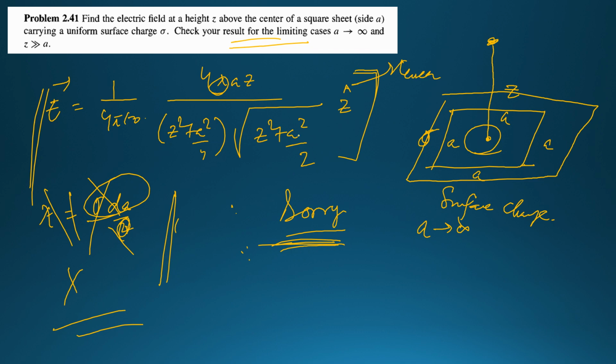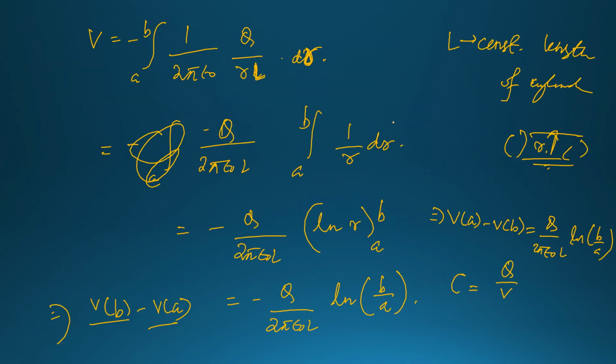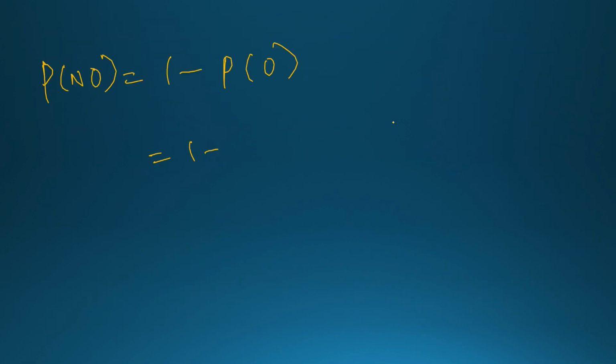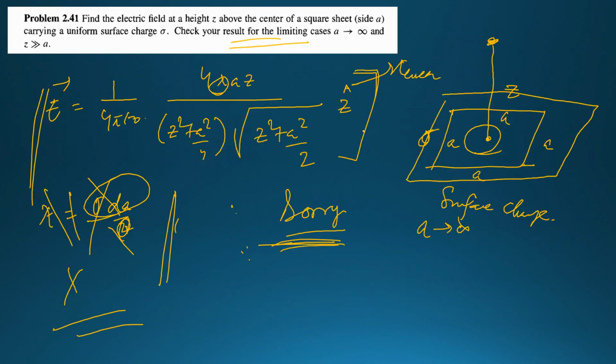You try it once at home and let me know in the comments how to solve it. These are some of the questions we solved today. Sigma dA is equal to dq, dq is lambda dl, lambda is equal to sigma dA by dl.